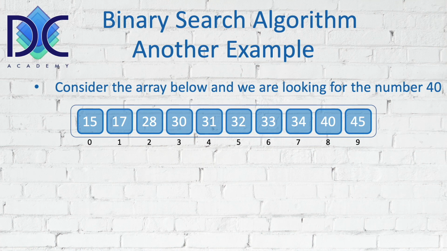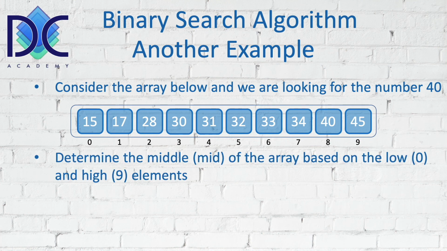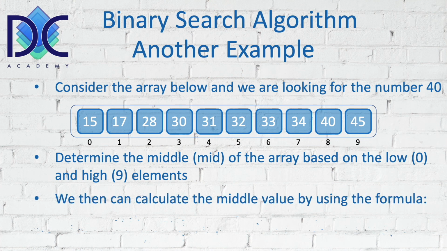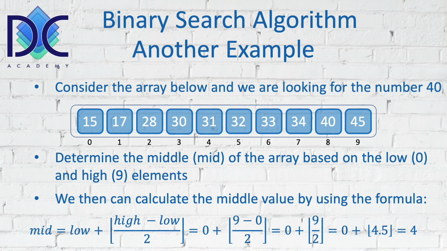First, we have to calculate the middle of the array based on the low and high elements. Position 0 is the lowest element, and position 9 is the highest element. Then we can calculate the middle value using the formula: the middle is equal to low plus the floor of (high minus low) divided by 2.